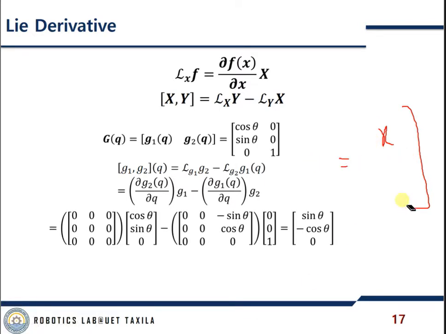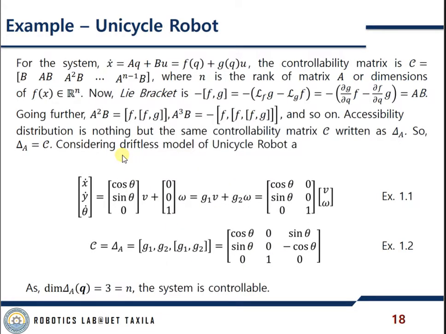So let me erase that. Now I want to discuss an example of unicycle robot. For the system, let's consider x dot is equal to Aq plus Bu. It is going to be a linear system, and if you consider a non-linear system, it's going to be f of q plus g of q into u.